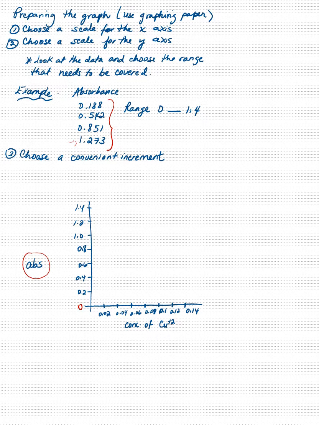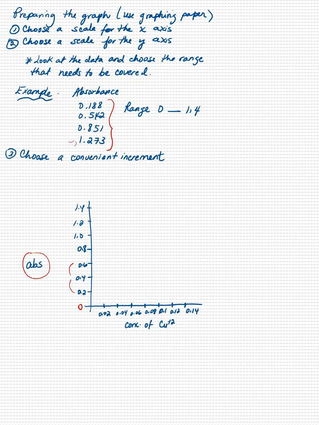Now, besides choosing the range, you need to choose a scale, like increments for your scale. So I'm choosing 0.2, 0.4, 0.6. It's increments of 0.2, and that is convenient because you don't have too many data points, and the difference between them is not super big.